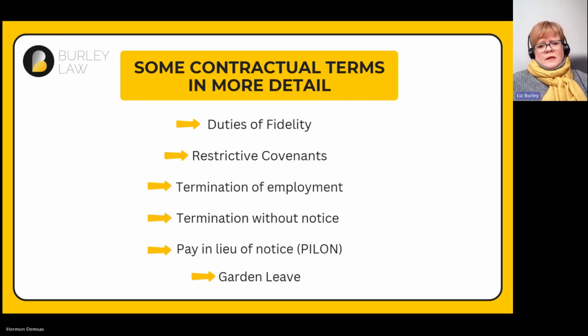And typically that would be anything from 3 months through to 12 months, depending on the seniority and the role of the employee. Other covenants can include not taking key colleagues, members of a team, to a competing business. All of these things are designed to protect the business that they are leaving.